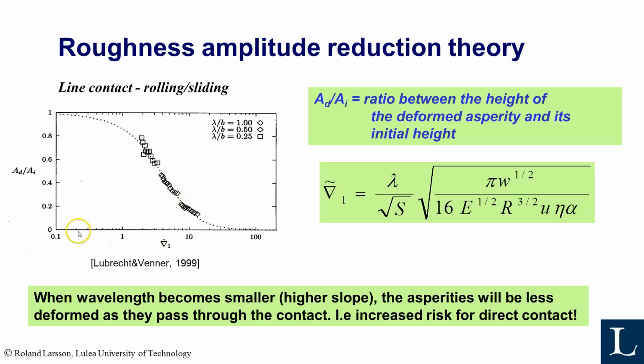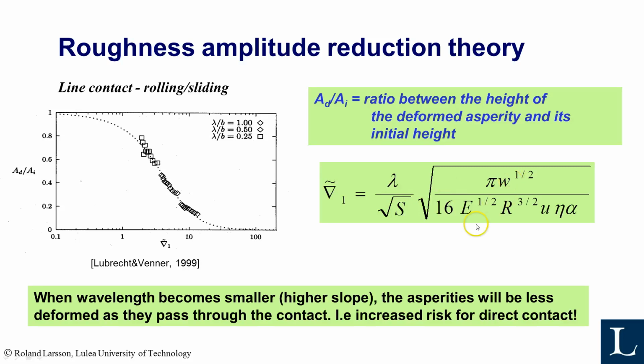This is a non-dimensional diagram, and this parameter is defined like this, where lambda is the wavelength of the roughness. S is a number describing the sliding. If S is 1, it's pure rolling, and if it's bigger than 1, it's sliding.